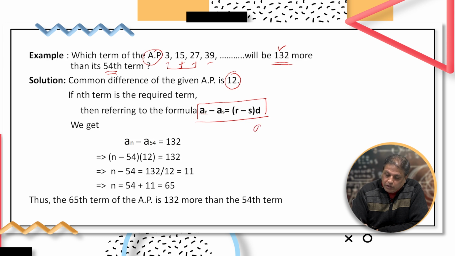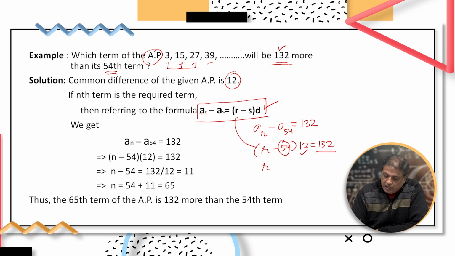Say the general term is the rth term, and we are given the 54th term, and this difference is 132. So applying the formula r minus s into d, we get r minus 54 into the common difference, that is 12, equal to 132. We are applying this formula wherein r minus s, that is 54, into d, where d is 12, turns out to be 132.